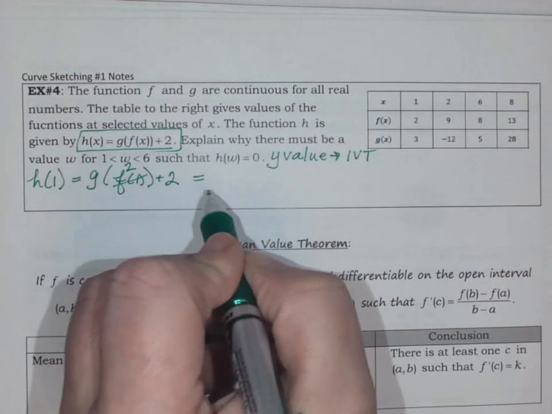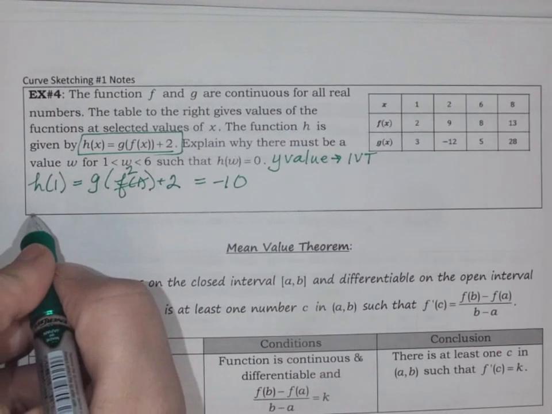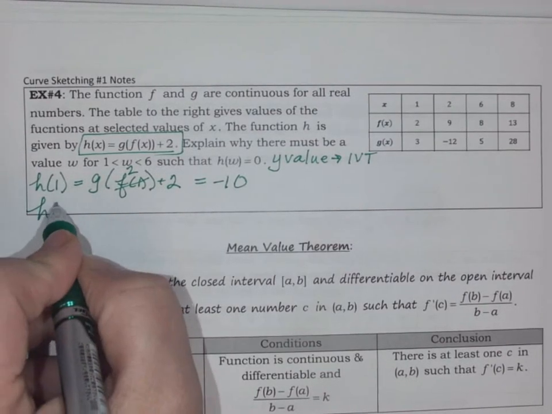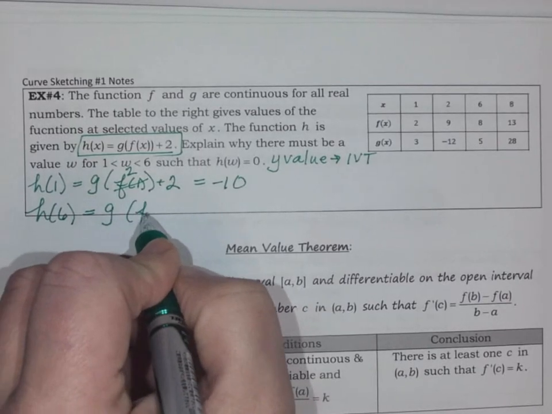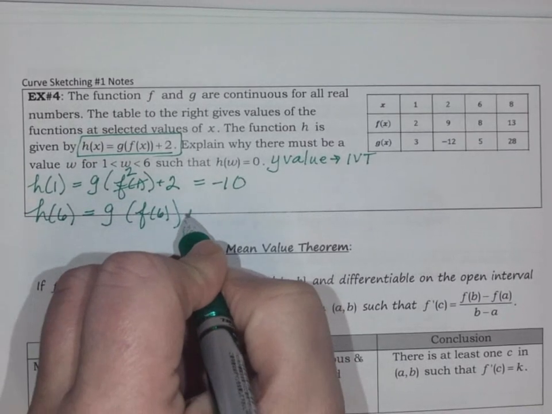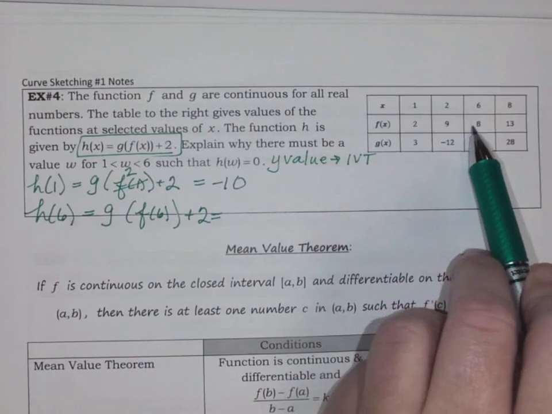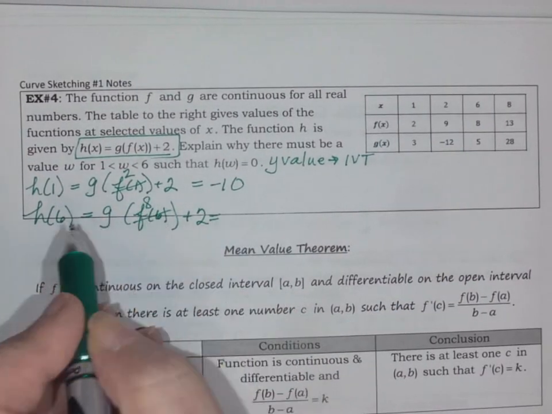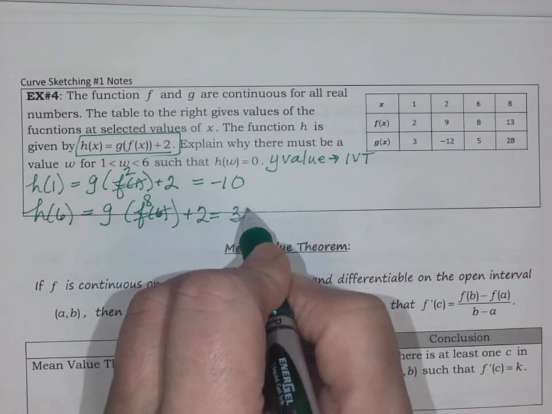So g of 2 is -12 plus 2 is -10. Then I'm going to do h of 6, which would be g of f of 6 plus 2. Let's see, f of 6 is 8. So g of 8 is 28 plus 2 makes 30.